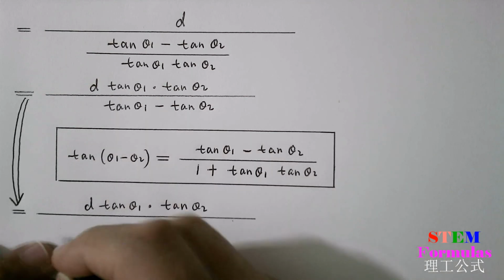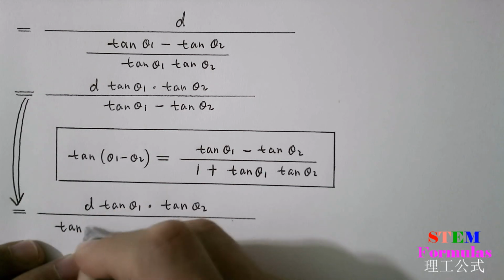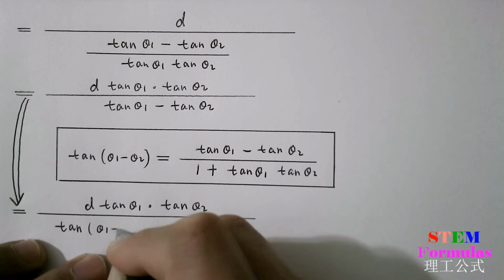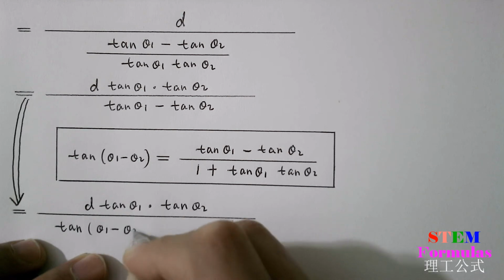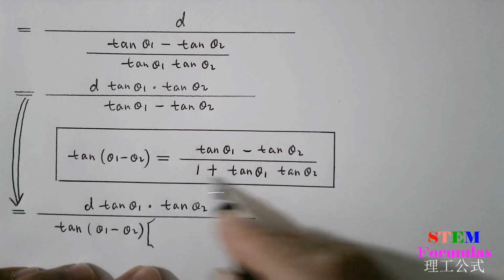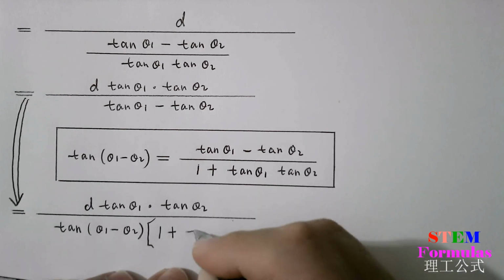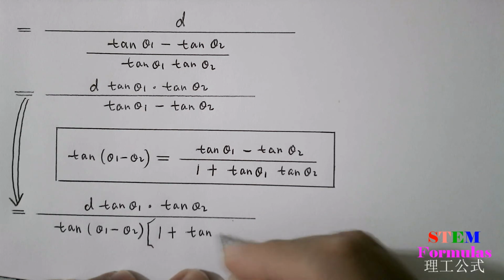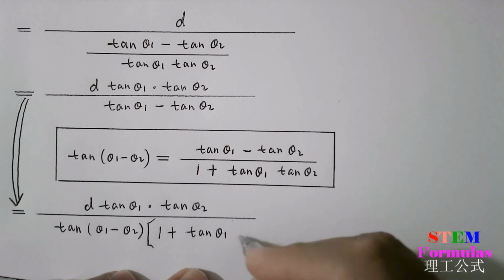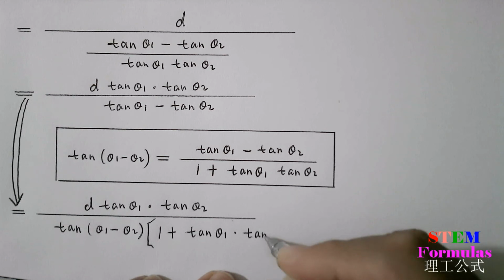On the bottom, I have tangent (theta 1 minus theta 2), and I multiply this term, (1 plus tangent theta 1 times tangent theta 2).